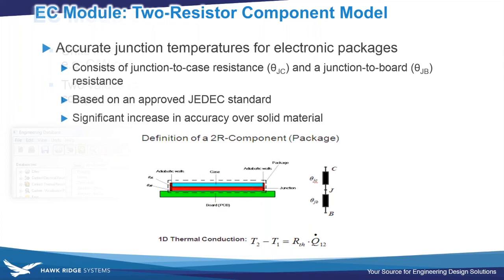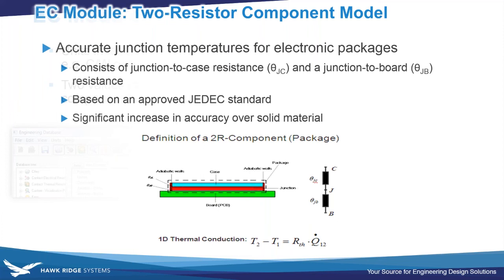So rather than just trying to pretend that the whole chip is made of the same thing, we can put in these 2 values, the JB, junction to board resistance, and JC, junction to case resistance, and have a much more accurate picture of how the heat gets down to the board or up to a heat sink.